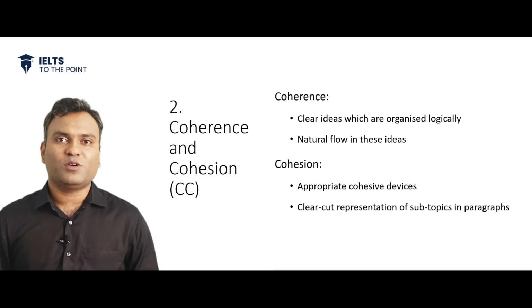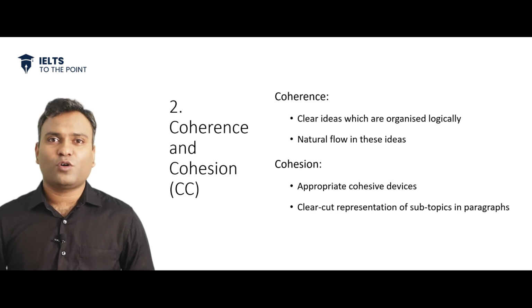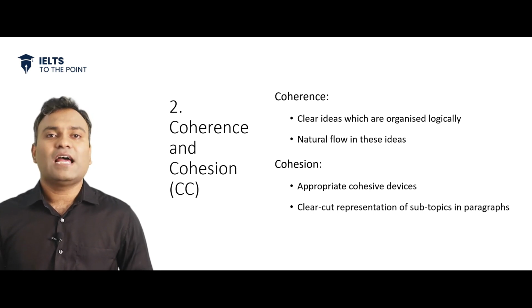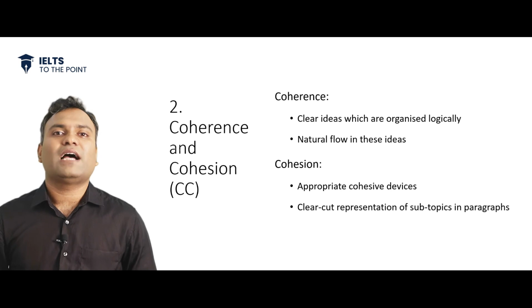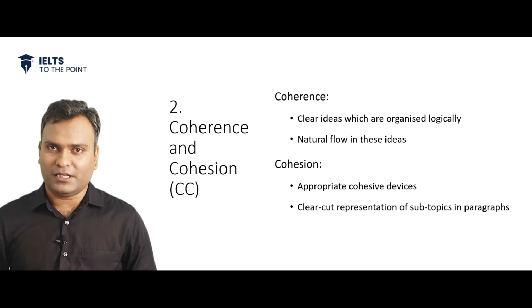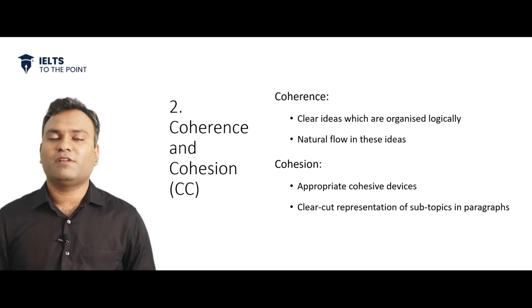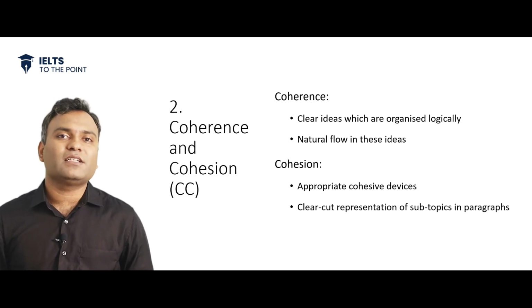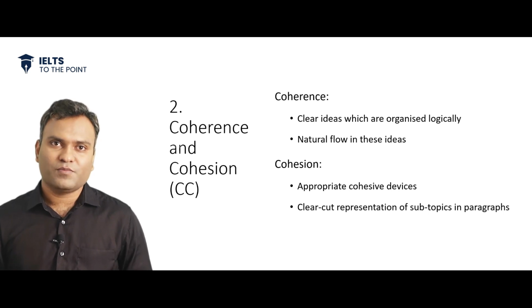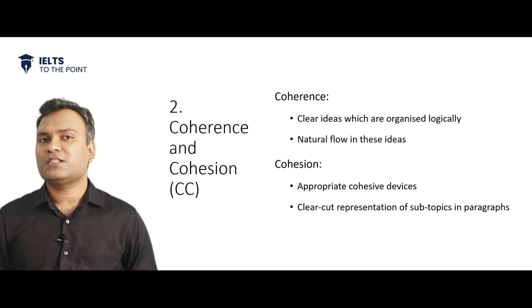At the same time, cohesion deals with the appropriate usage of cohesive devices and checks whether the letter has a clear-cut representation of instructions in the paragraphs. In short, if your letter contains well-developed ideas organized in appropriate paragraphs, you can score very well on coherence and cohesion.